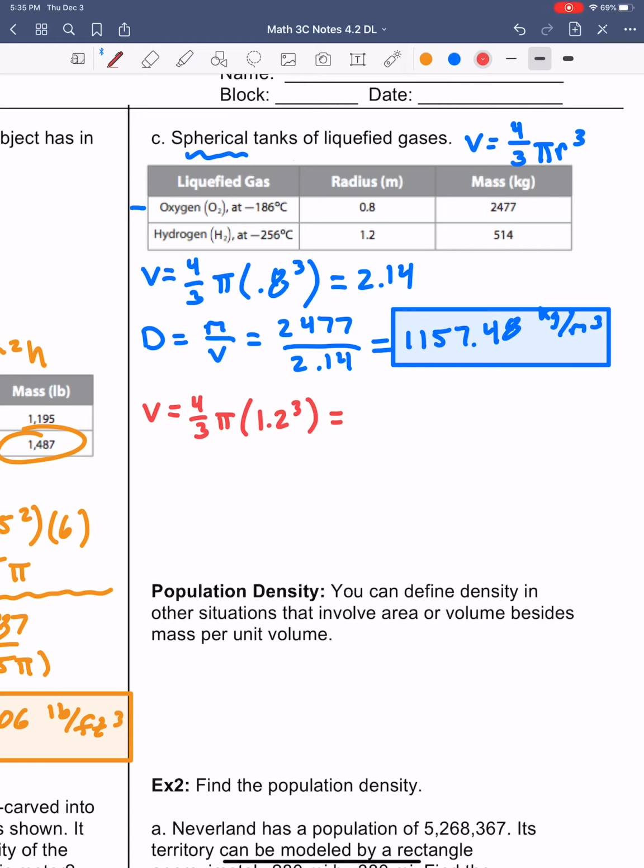I end up with 7.25. And now I can go ahead and find the density, which is the mass divided by the volume, so that's 514 divided by 7.25, and we end up with 70.9 kilograms per cubic meter.